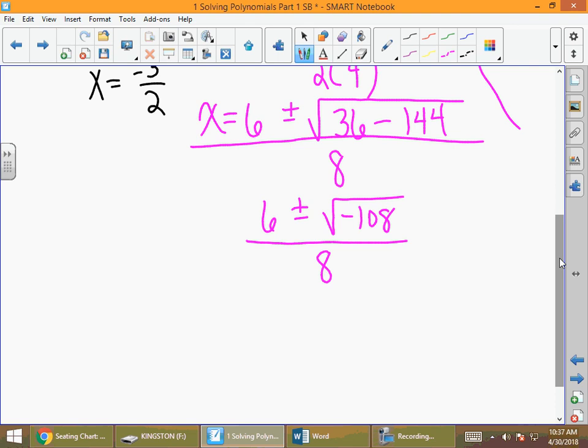And we're close now. We have to simplify the radical. And to top it off, within that radical, we have the square root of negative 1. Good news is you've already told me today that the square root of negative 1 equals i.